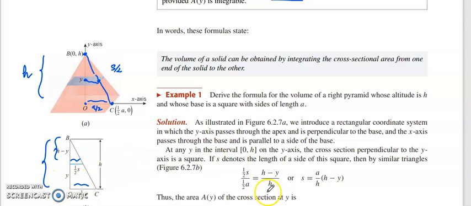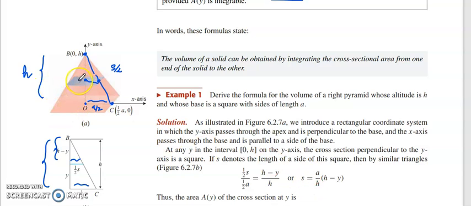These ratios are equal by the similarity of triangles because both are right triangles. From this ratio the 2 cancels out, so s by a equals h minus y by h. That gives the value of s: s equals a by h into h minus y. So the dimension of the cross section we have taken is a by h into h minus y.